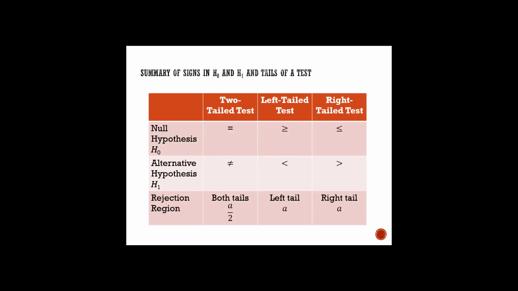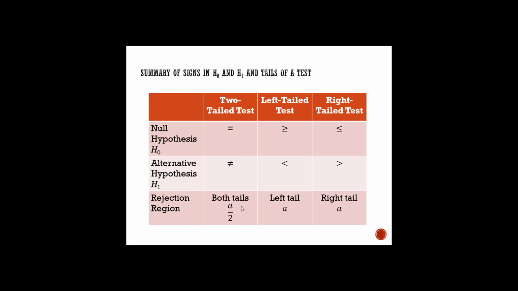So just so you'll have a little chart that you can go back to on page 4 if you want to, this is a summary of what we do with the null and alternative hypothesis and the different tails of the test. A two-tailed test will always have a null hypothesis of equal, and an alternative of not equal.